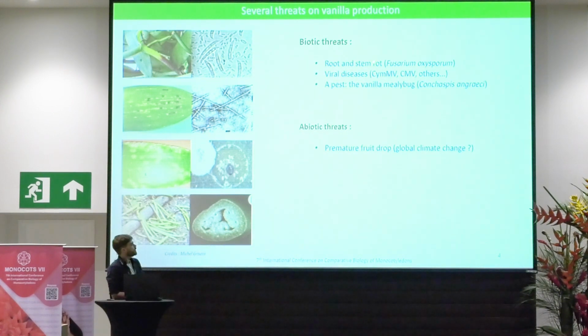There are also viral diseases and some pests that cause substantial damages to the cultures. And on the abiotic threat side, there is also premature fruit drop that has been a cause for concern in recent years, which is sometimes attributed to global climate change and rise of temperature during the pollination season. But that's subject to debate, and I saw that there is a poster outside that tackles some aspects of these problematics.